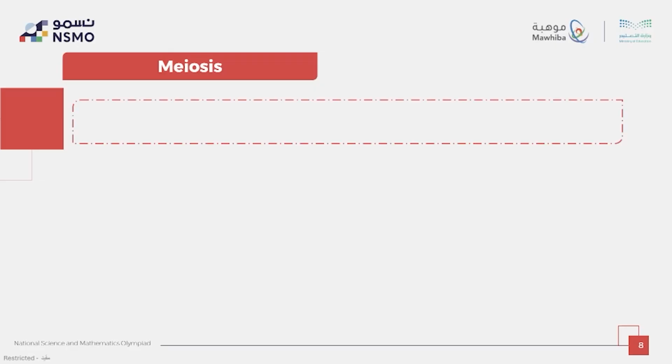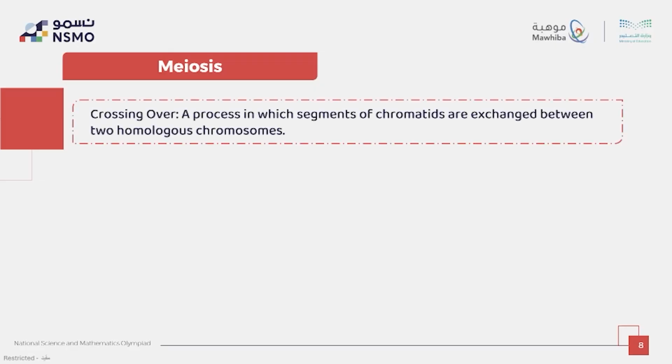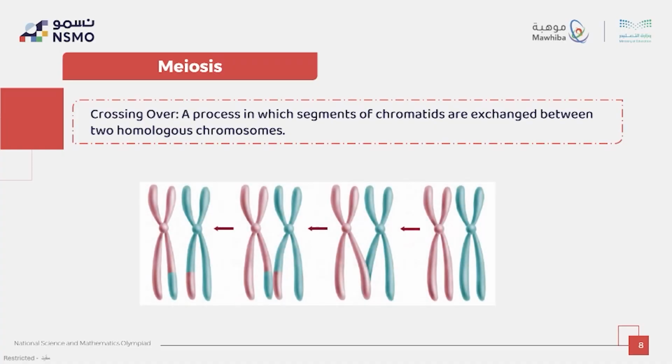Let's move on to another important term in meiosis, which is crossing over. Crossing over is a process in which segments of chromatids are exchanged between two homologous chromosomes. Look at this diagram, guys.